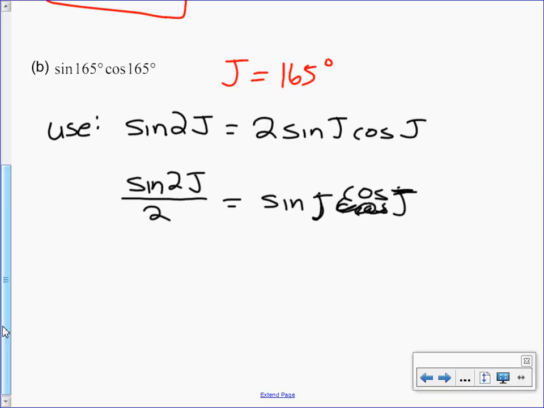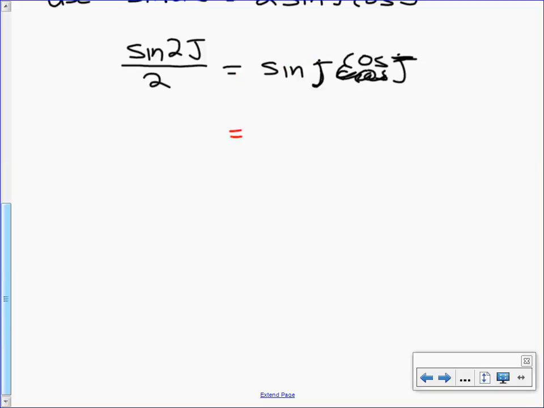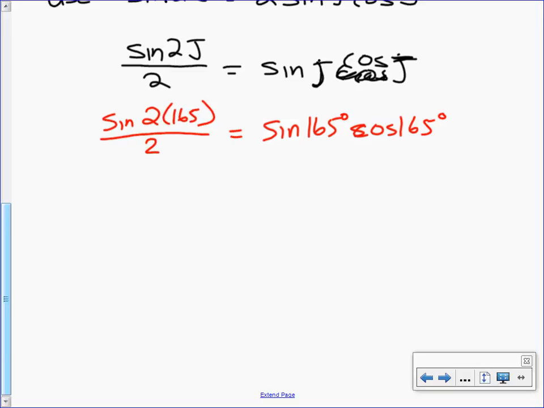So now if we plug in everything, J was 165. Sine of 2 times 165 divided by 2. 2 times 165 is 330, because of the double angle formula.